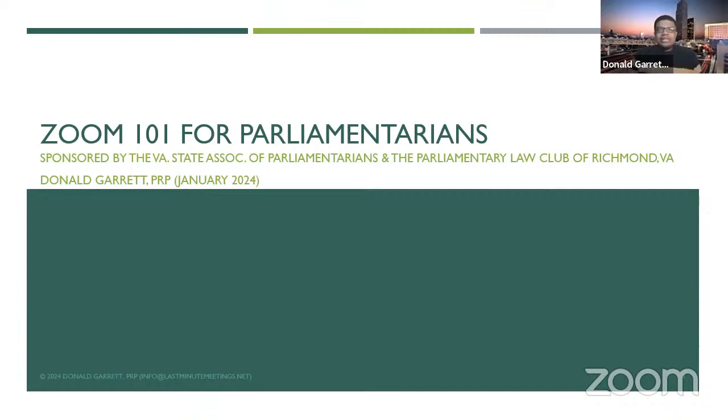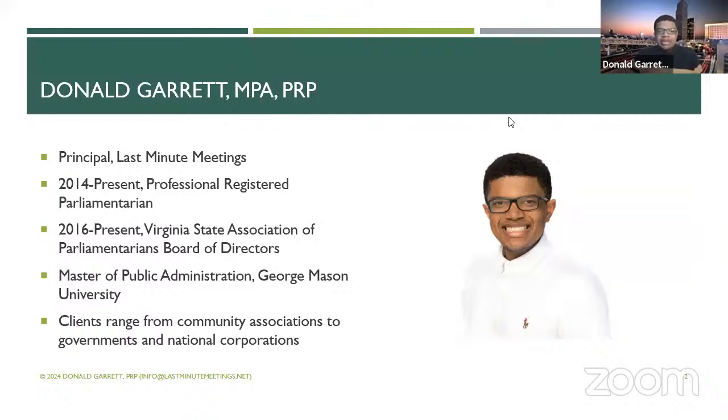This session is really designed to walk step by step, 1, 2, 3, on how to use Zoom for meetings and how it all matches up with Robert's Rules of Order. I'm Donald Garrett, a professional registered parliamentarian, and especially starting in 2020 when we had the COVID-19 pandemic, I ended up helping a lot of groups convert their meetings and elections to be compliant under Robert's and other regulations and statutes, converting those in-person meetings into electronic ones.